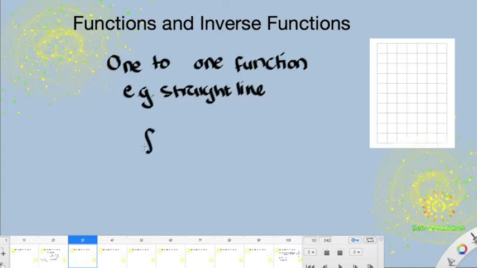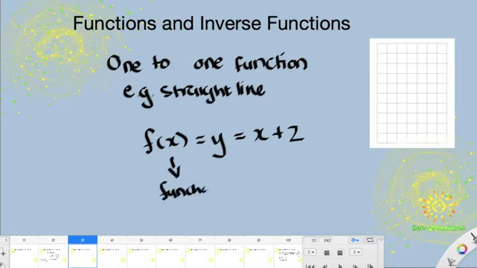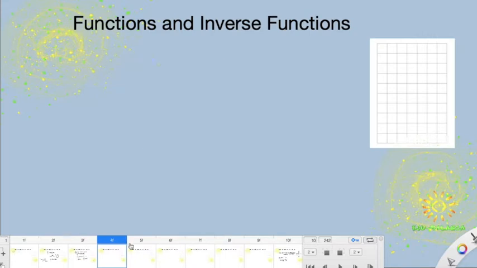If I have a function f(x), which is equal to y, which is x plus 2, remember this is the function. Remember that this is the domain, and that is the range.